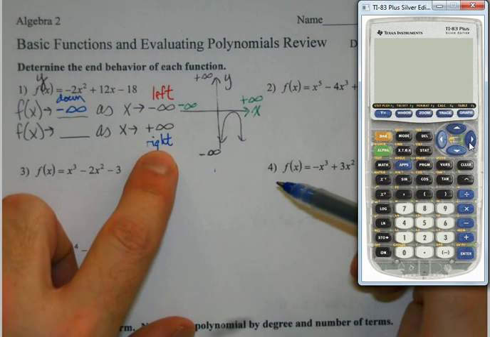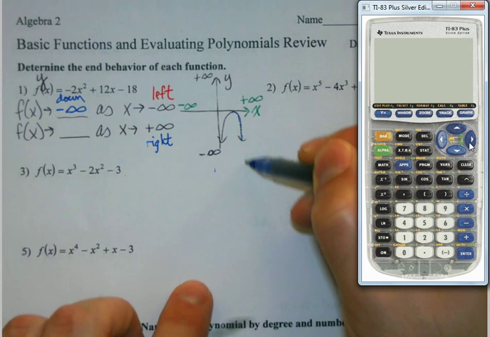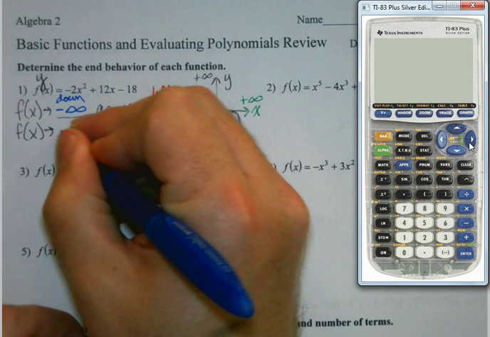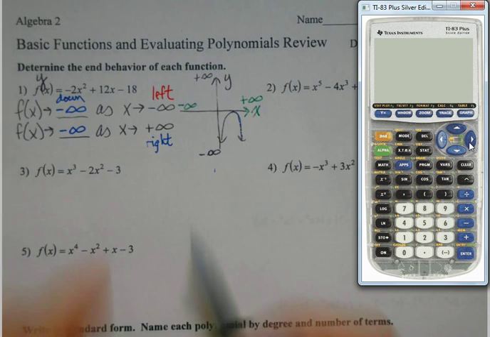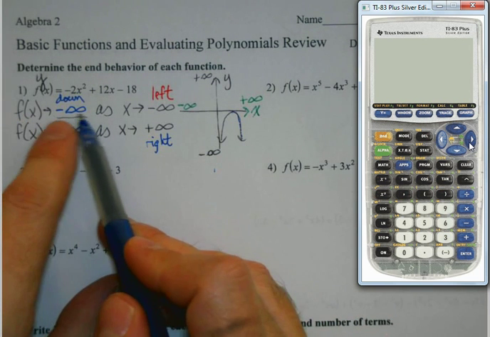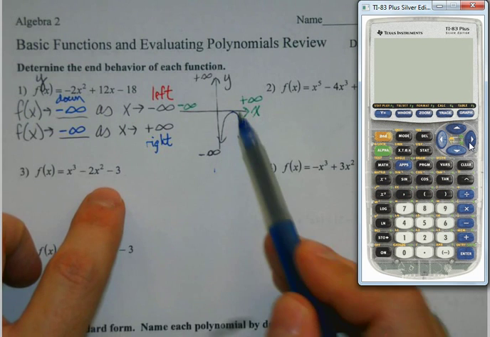And then I look on the other side. As I'm going to the right, what's happening to y? It's going down. Check all that out. So here's what we just said: y goes down as x goes left. Yes, it does.